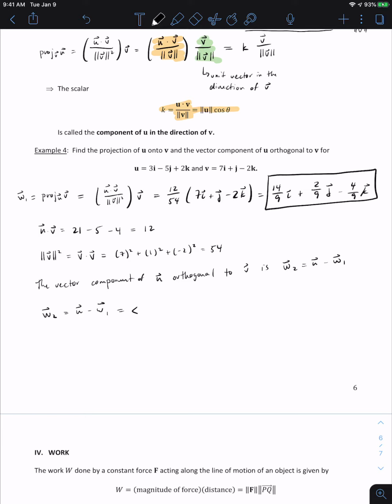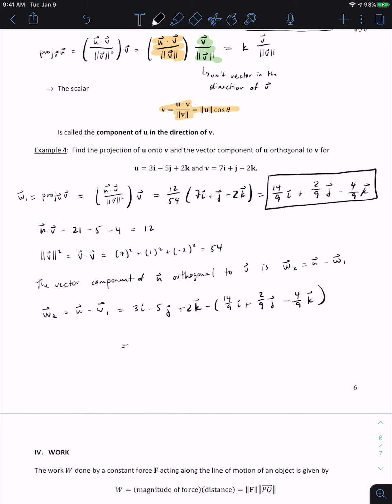So what is u? We'll do this in the ijk notation, so 3i minus 5j plus 2k, minus our projection vector that we just found, 14 over 9i plus 2 over 9j minus 4 over 9k.